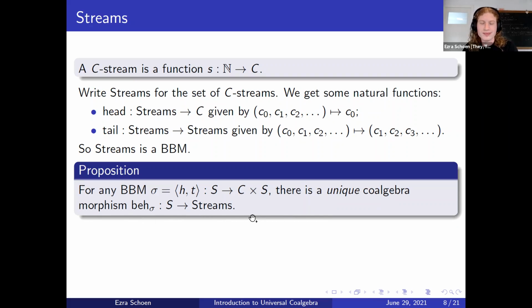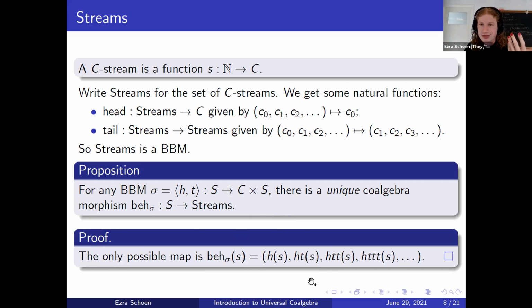And so the streams are the observable behavior of this black box machine, because what do you do? Well, you first press the H button so that you can read out the display. You go to the next state and you press the H button again, and you get the second element in your stream. And then you go to the next state, you press the H button again, and you get the third element. And this is all you can do to figure out the structure of this black box machine, because you cannot look inside at the internal structure. You can only use the data that you observe.